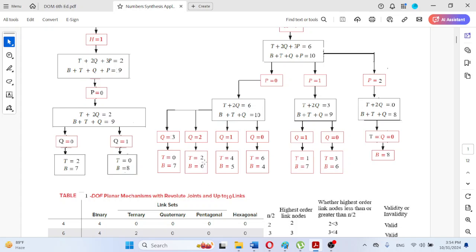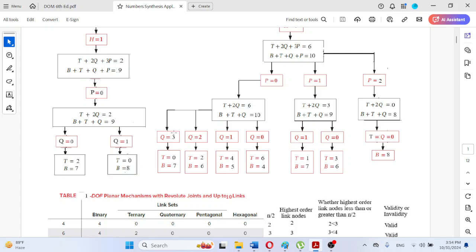So here binary will be 6, ternary 2 and quaternary 2, so 6 plus 2 plus 2 is equal to 10, so hence the count of total number of links has been satisfied in this set as well. So in this way the first, second, third, fourth and fifth sets have been obtained.